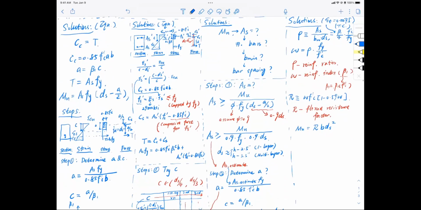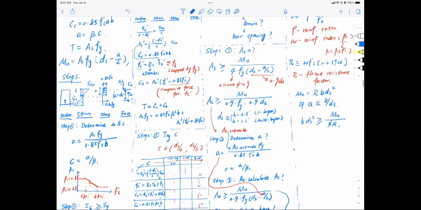With that, Mn is just equal to R b ds squared. So if we assume alpha equal to b over ds, then I know that b ds squared has to be greater than or equal to Mu over phi R. Or to be precise, ds has to be greater than or equal to (Mu over phi R alpha) to the power of 1/3.